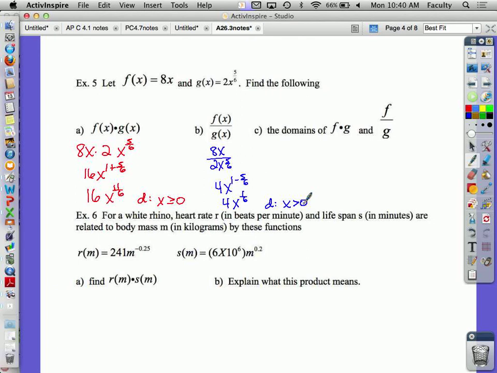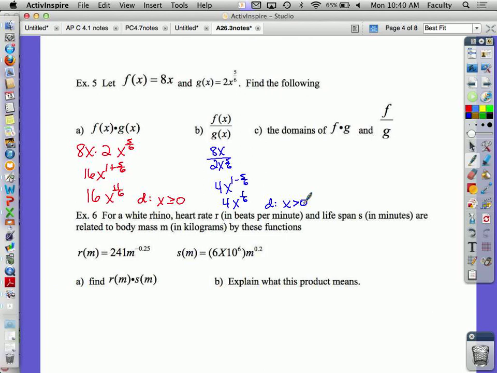All right. Example 6, it says for a white rhino, heart rate R in beats per minute and lifespan S in minutes are related to body mass M in kilograms by these functions. R of M is 241 M to the negative 0.25 power. S of M equals 6 times 10 to the 6 times M to the 0.2.